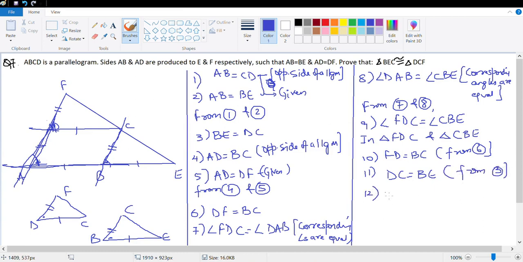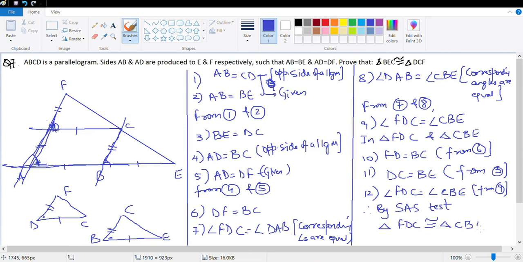And last one is angle FDC is equal to angle CBE. This is from 9. Therefore, by SAS test, triangle FDC is congruent to triangle CBE. This is by number 13 and this is what they want me to prove. So this is hence proved.